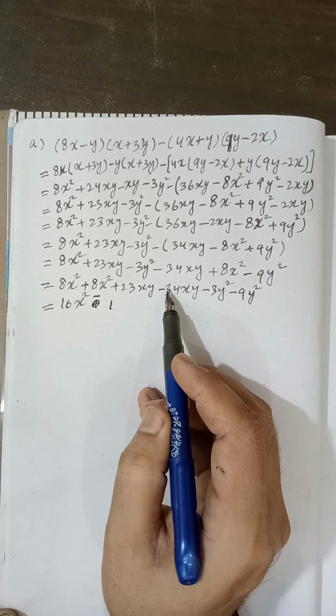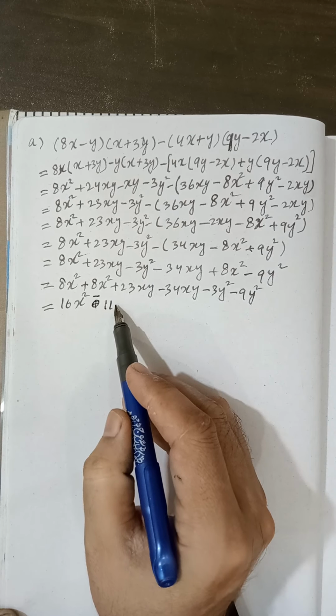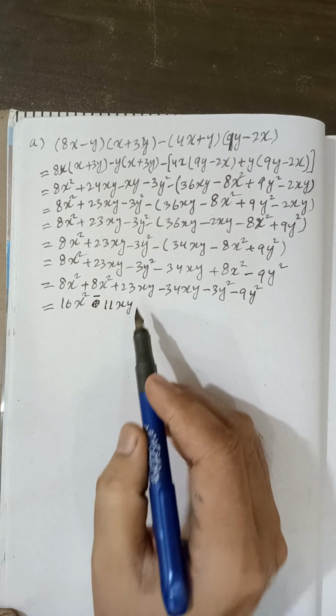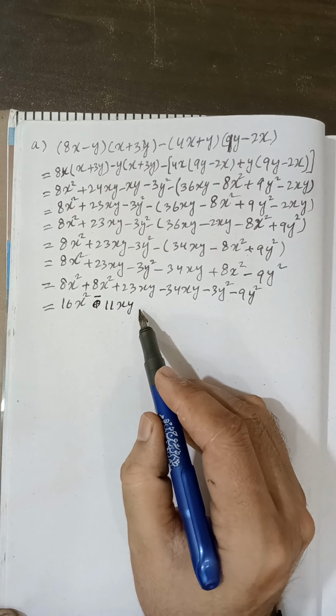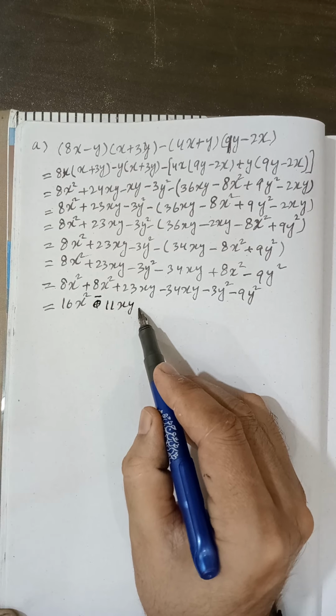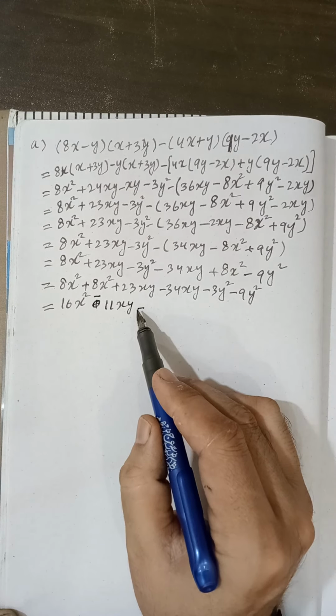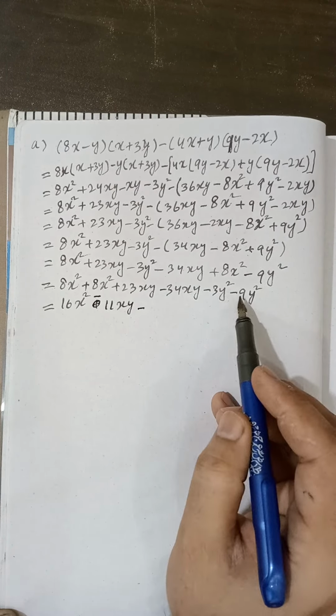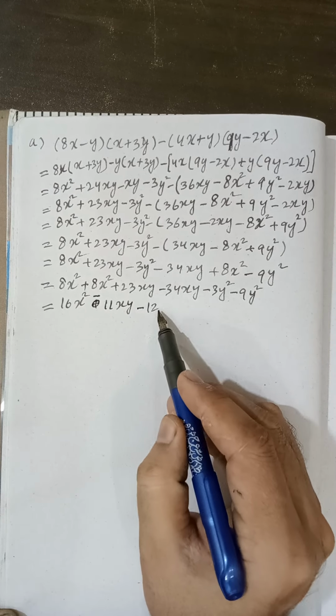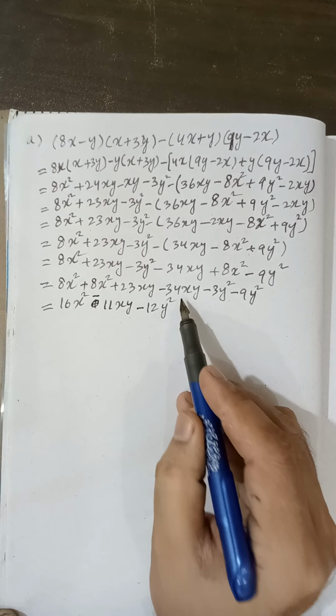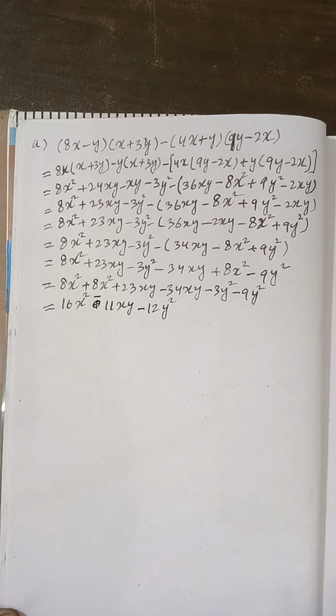When you subtract 2 from 3, the answer is 1. 11xy, that of minus, and here you can see the same sign, so you will write the same sign, and 3 and 9 makes 12, so you will write 12y square. This is the answer of this question.